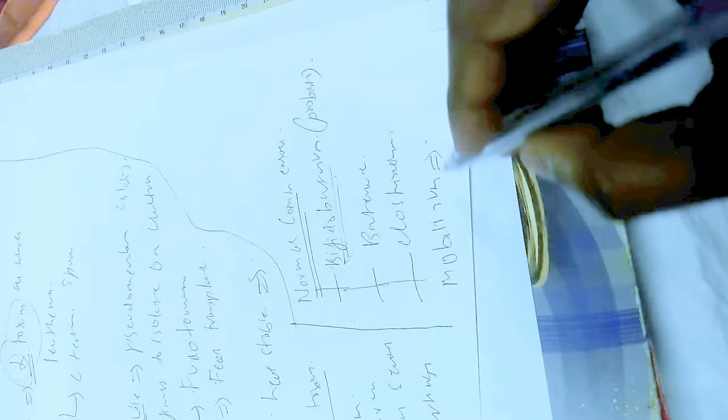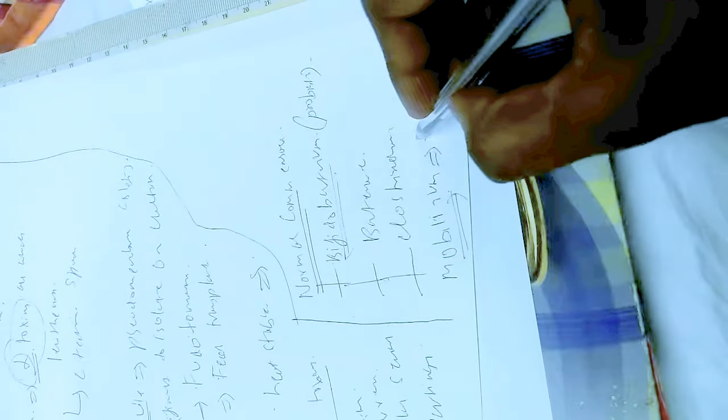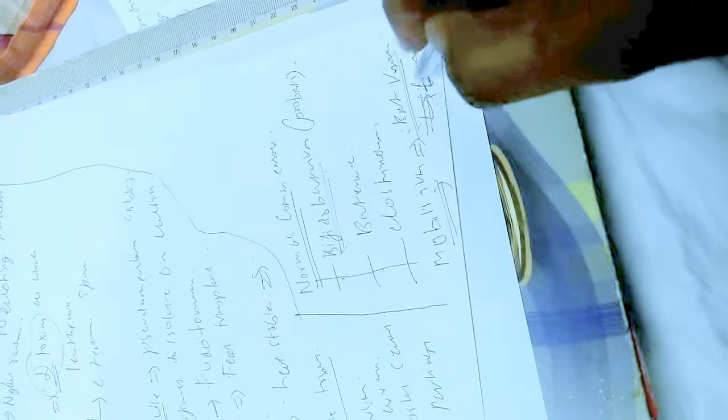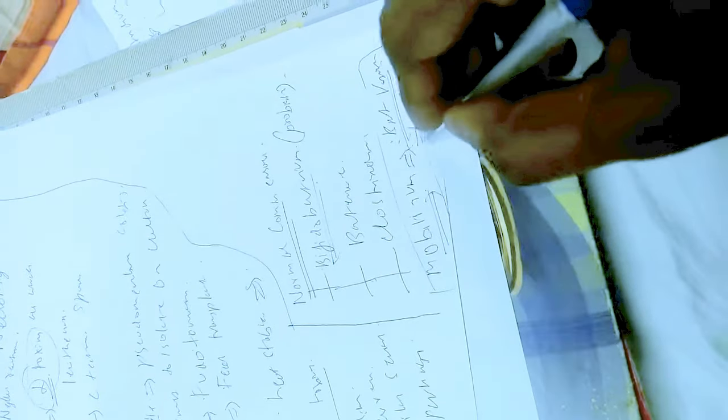This bacterium generally causes bacterial vaginosis along with Gardnerella. There was one more organism which was causing it, I forgot about it. But you have to remember that this causes bacterial vaginosis.